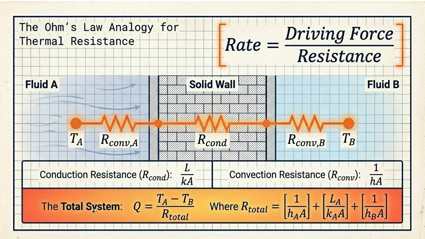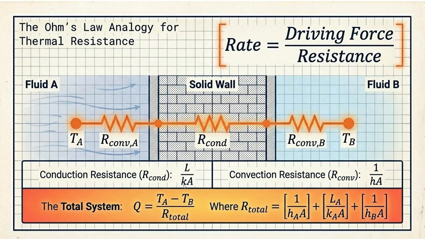Now, the total system, finally what it will become. So rate is basically Q, rate of heat transfer or current, if we talk about Ohm's law analogy, equals Ta minus Tb by R total. Ta minus Tb, that is driving force, that is delta V basically, and R total means total resistance offered by the system. So as we can see, these are resistances connected in series, a composite wall system.